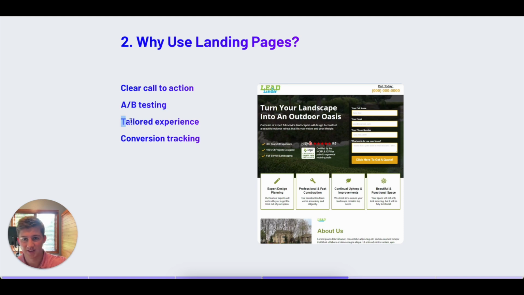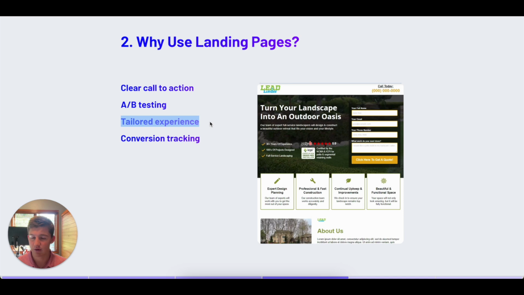Third, it's a tailored experience. You're a landscaping company, so you're offering multiple different services. You might offer patio building, retaining walls, waterfall structures, tree planting, softscapes, hardscapes, all those different things. All of those services should have their own landing page.